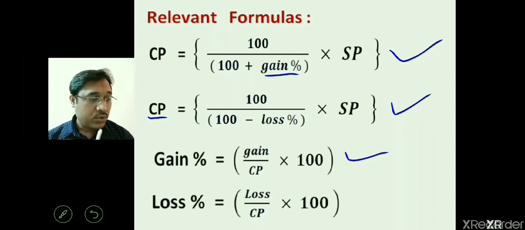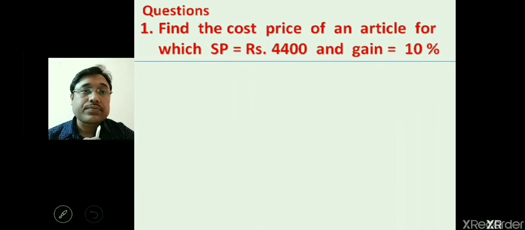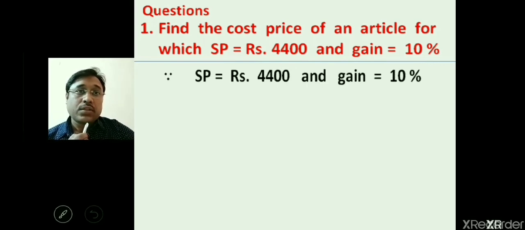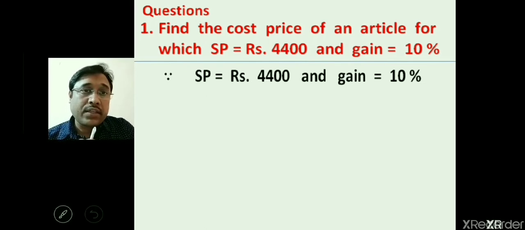Now we are going to see some questions. Find the cost price of an article for which the selling price is 4,400 and the gain is 10%. So what you will do, you will first write the given things in the question: selling price is 4,400 and the gain percent is 10%.